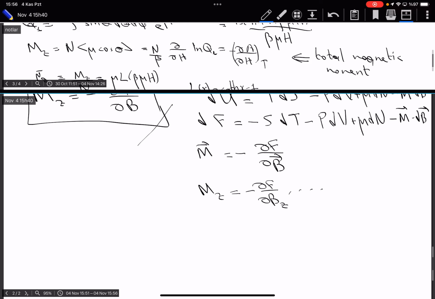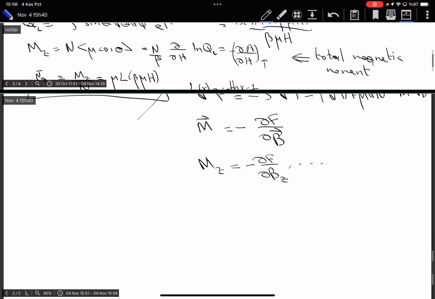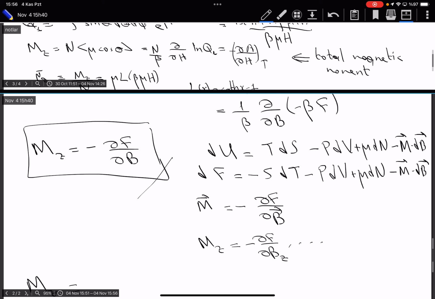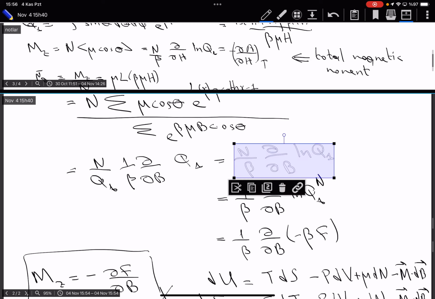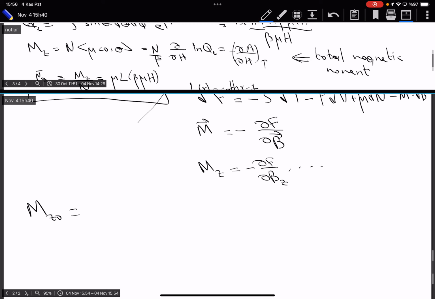Well, let's calculate this m_z or m_z0. Now this is the magnetization per unit volume. If I want to use the m_z0 per unit volume, then it will be, let me take this one, but with the number density rather than the total number of dipoles.